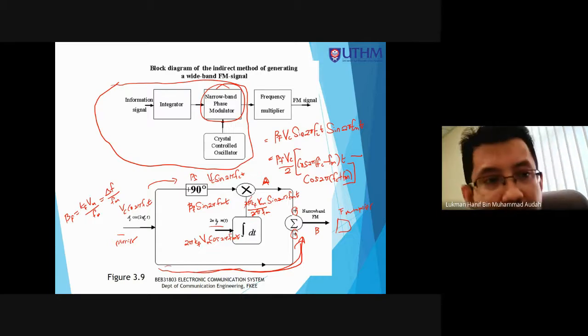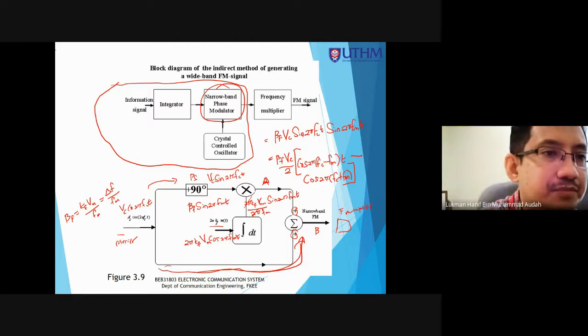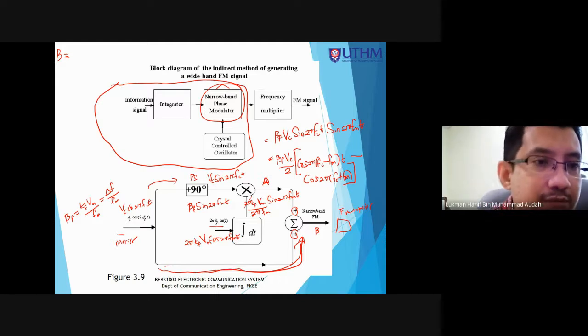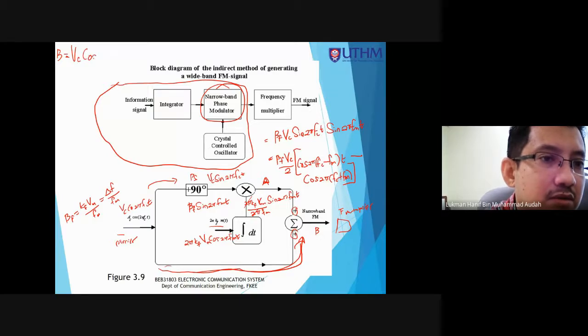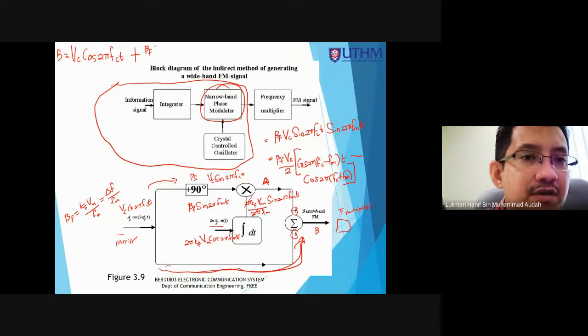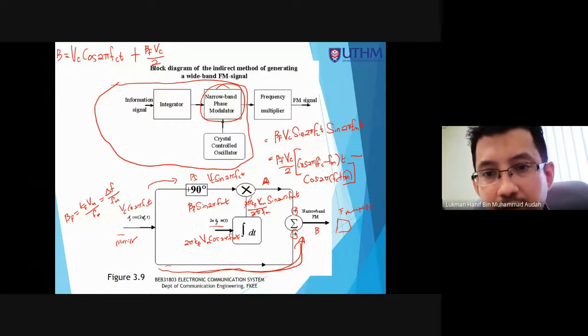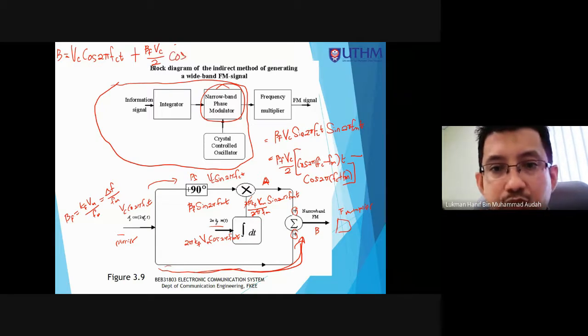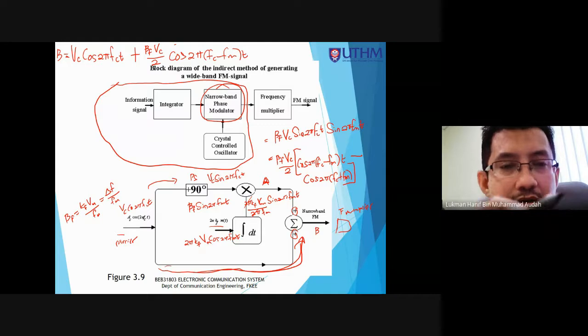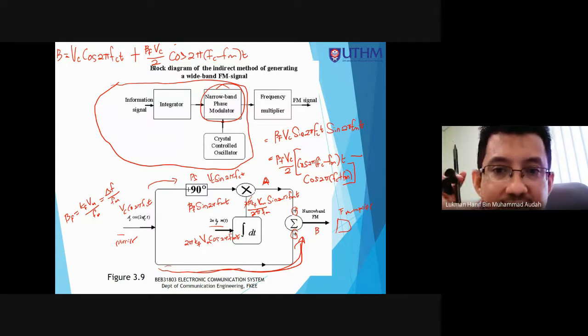Okay, that means keluaran daripada B, saya buat ni simbol B, so maknanya dia adalah VC cos 2 pi fCt plus, because we add, okay, plus beta f VC over 2 multiplied with, so kita ada 3 komponen sebenarnya, so ini adalah cos 2 pi (fC minus fM)t, and then plus, okay, sine and sine is, okay, so this is minus lah.